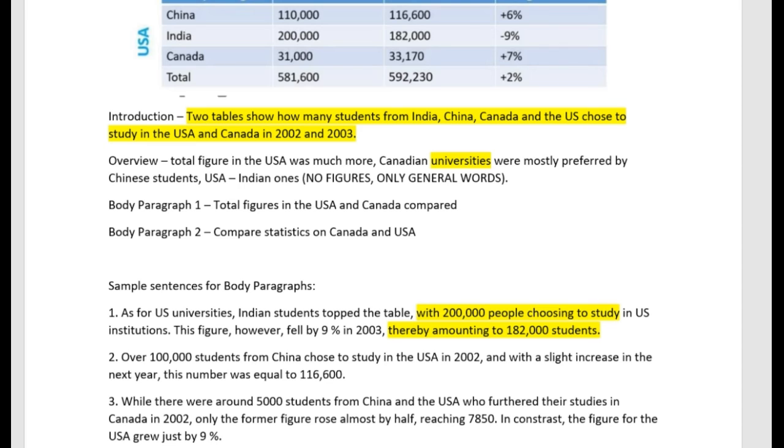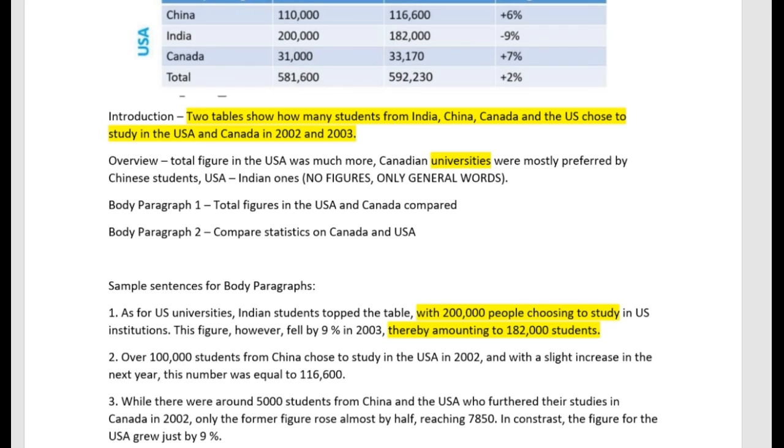It's great. The third one: while there were around 5,000 students from China and the USA who continued their studies in Canada in 2002, only the former figure rose by half, reaching 7,850.